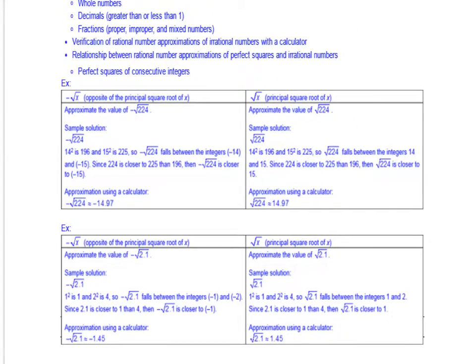So remember, I just told you about this particular square root. I said, let's take a look at the square root of 16, and we got 4. Well, 4 is called the principal square root. It's the positive square root, the positive root.